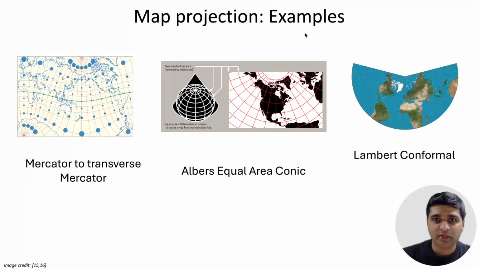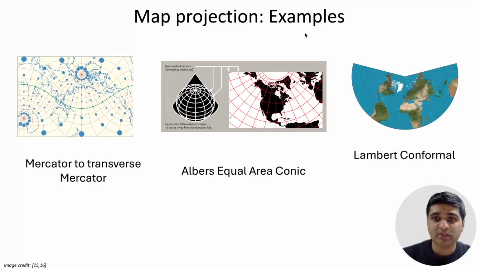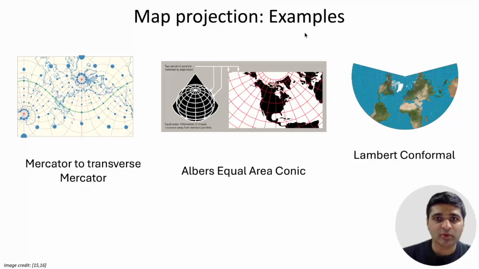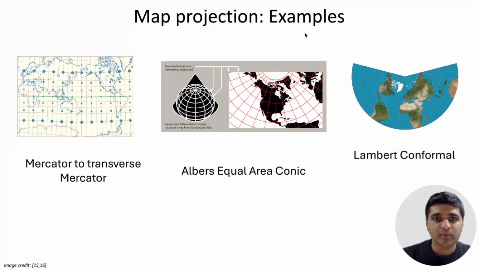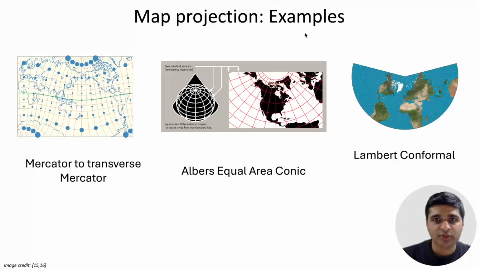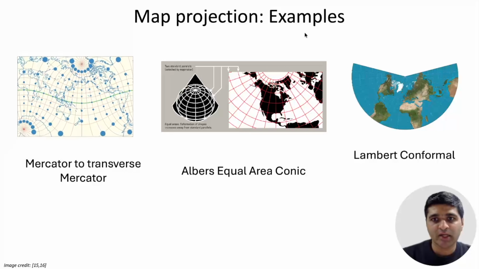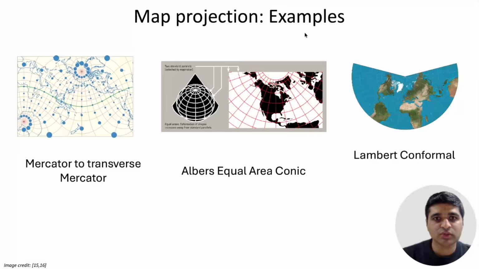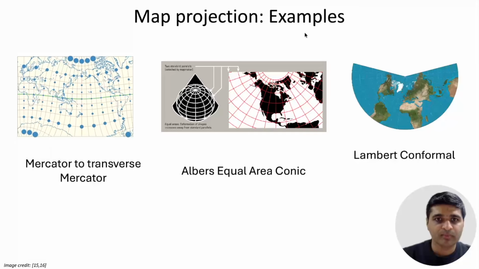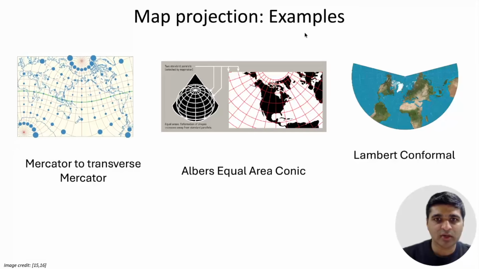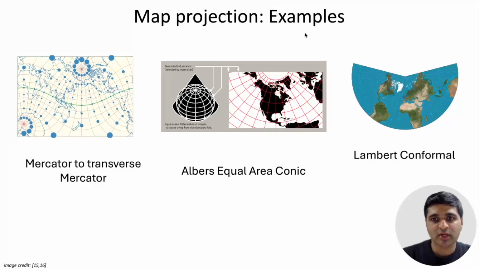The transverse Mercator is also cylindrical but placed sideways, making it suitable for mapping regions that stretch north to south. The Lambert conformal conic is a conical projection often used for mid-latitude regions that extend east to west. The Albers equal area conic is another conical type, keeps area sizes accurate and is used for studying land use or natural resources.